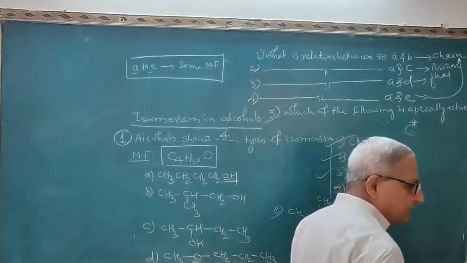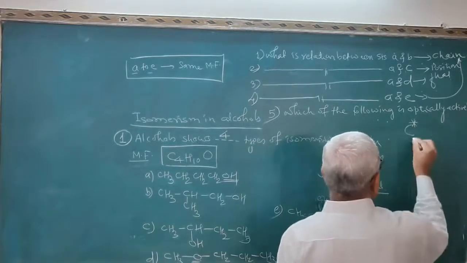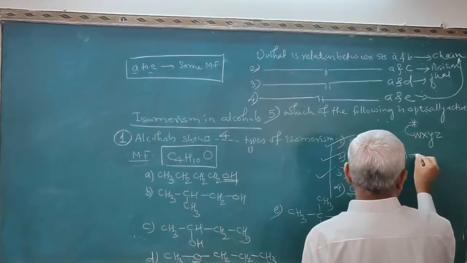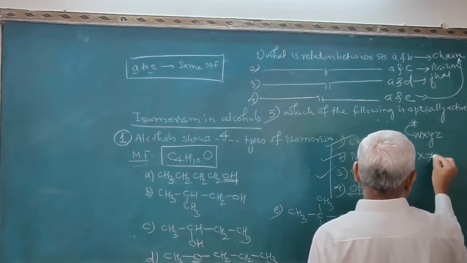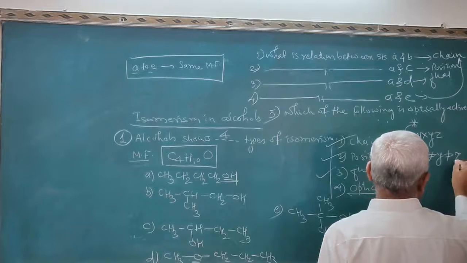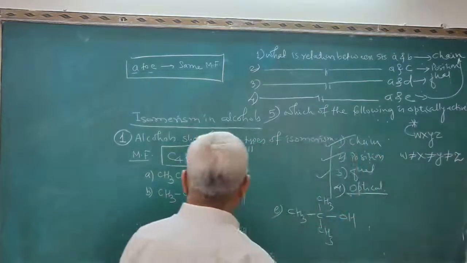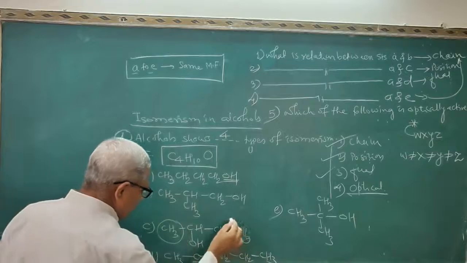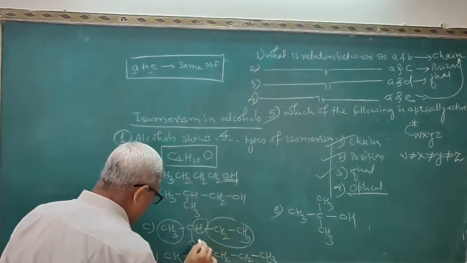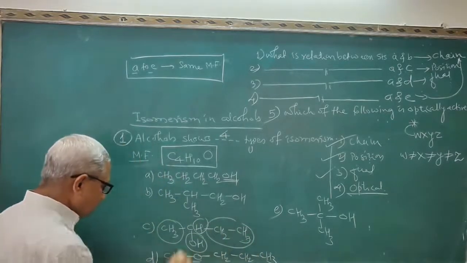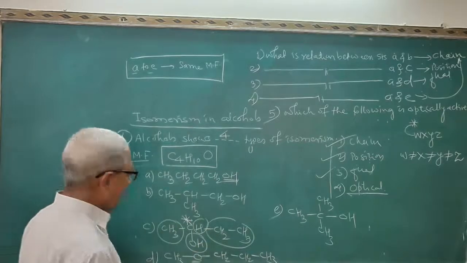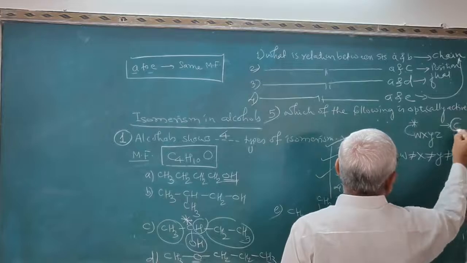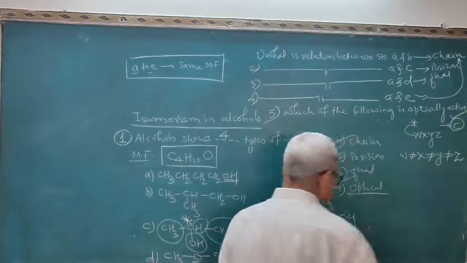It is also called a chiral carbon atom, and it is denoted by C with W, X, Y and Z, where W is not equal to X, not equal to Y, not equal to Z. And which one is here? See here, this is your W, X, Y and Z, and this is your asymmetric carbon atom, and the correct answer is structure C, which is optically active.